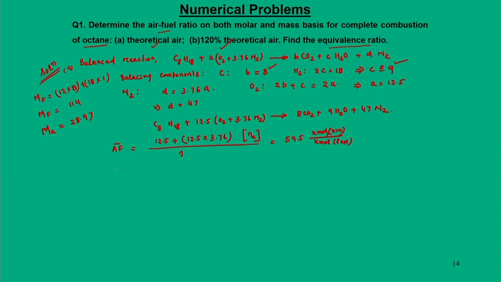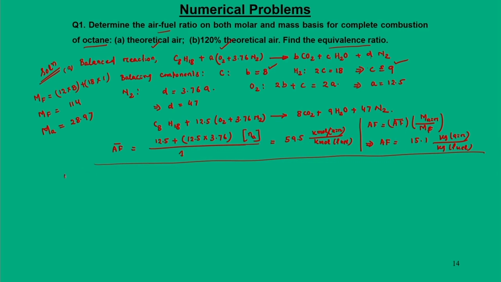Now, the air fuel ratio on a mass basis is the molar ratio multiplied by the molecular weight of air over the molecular weight of fuel. So, the air fuel ratio is 15.1 kg air by kg fuel. Here it was kilomole, here it is kg. This is what happens at stoichiometric conditions.